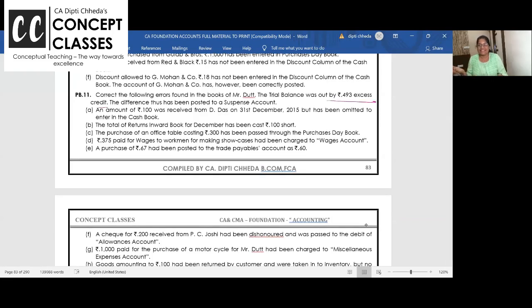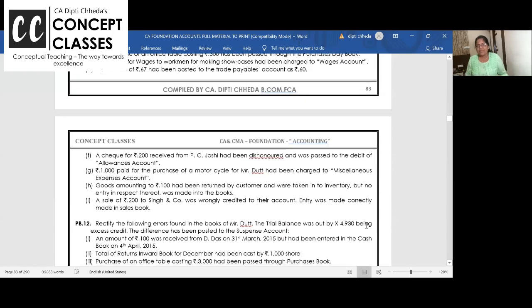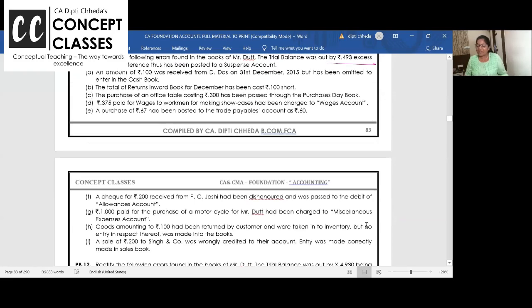Excess credit is there, so you must have put it in the suspense account debit side. The difference has been posted to the suspense account debit side. Now rectify all these errors, and if all the errors are rectified, the suspense account should become nil.